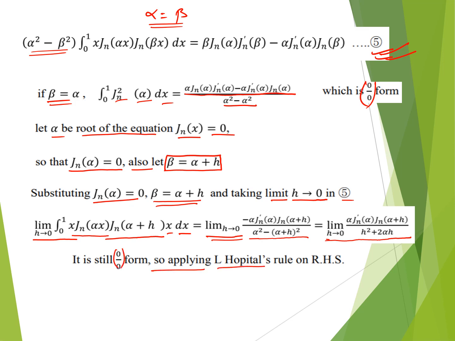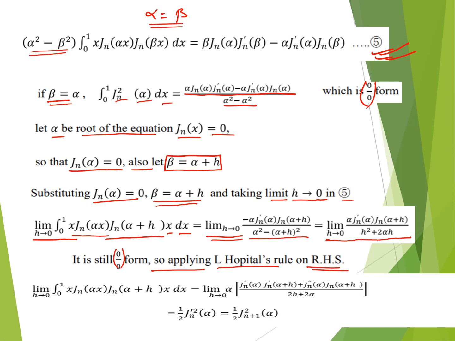So applying L'Hospital's rule on the right hand side, we get the limit h tends to 0 of the integral 0 to 1 of x Jn((alpha plus h) x) dx is equal to the limit h tends to 0 of alpha, which is common, times Jn dash (alpha plus h) plus Jn double dash alpha and Jn(alpha plus h) upon 2h plus 2 alpha, when we implement L'Hospital's rule.